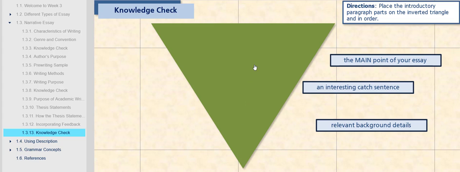So your introduction is like an upside down triangle in which you start out with a very general statement, your hook, then become more and more specific until you reach your thesis statement. Your thesis statement is the last sentence that wraps up your introduction paragraph.